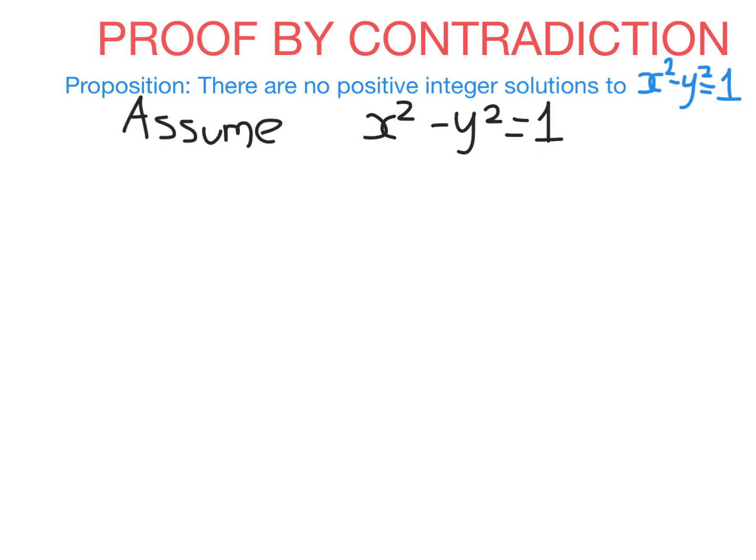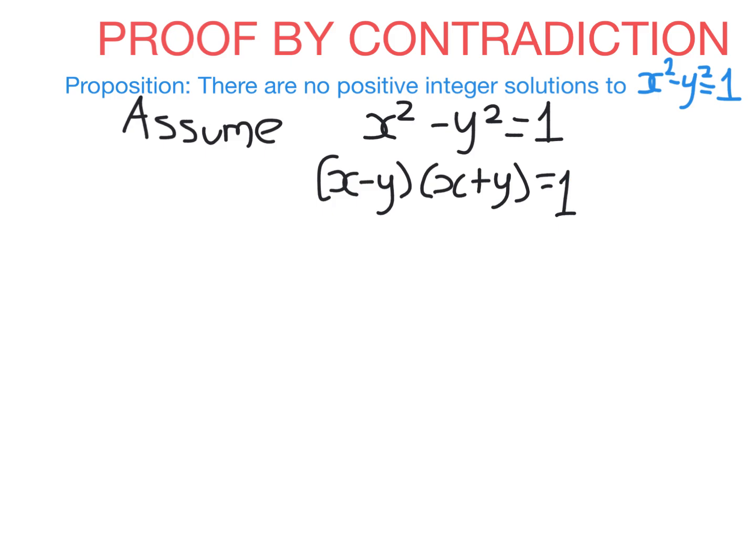So we're going to factor x squared minus y squared. From the difference of two squares, we get x minus y times x plus y is equal to 1. Now, if x and y are both positive integers, this is an integer and this is an integer. So we have two integers multiplying to be 1.